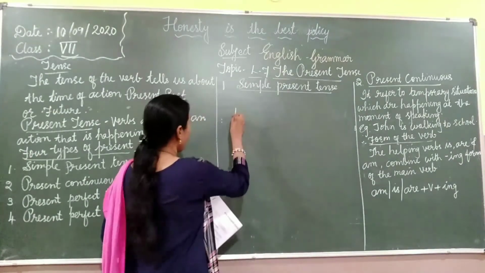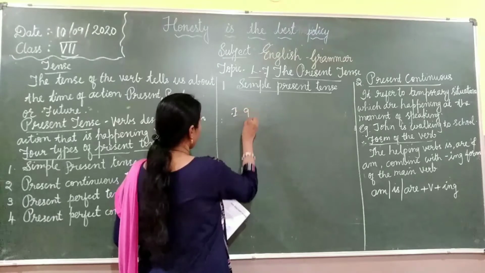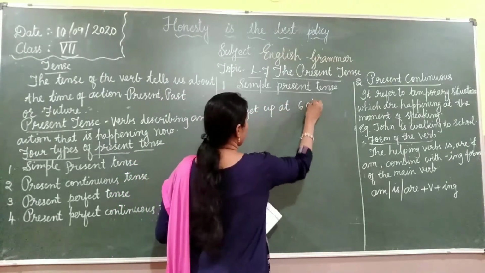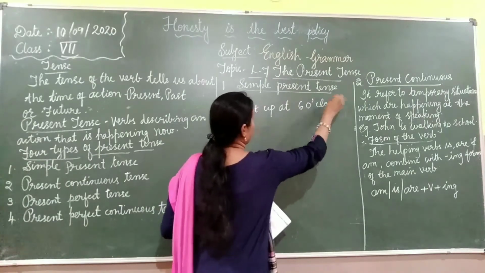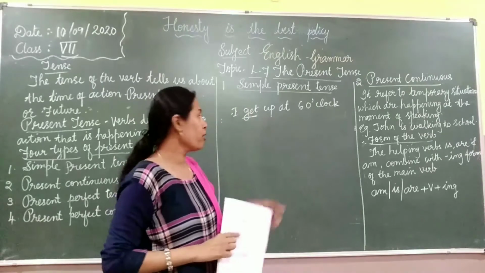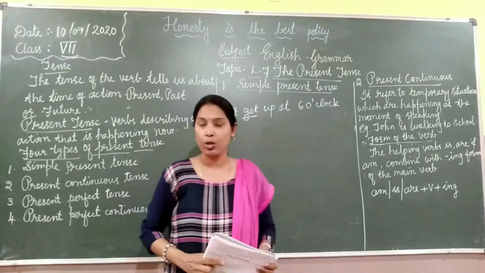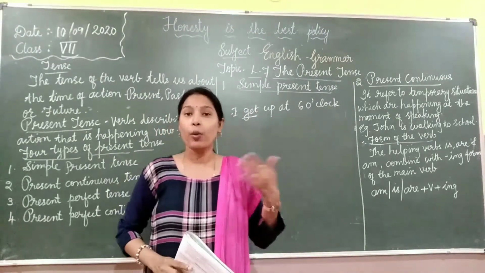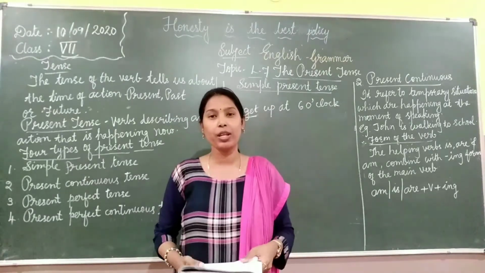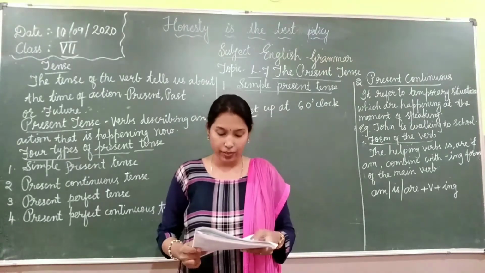For example, I get up at 6 o'clock. I get up, this is the verb, simple present form of verb. I get up at 6 o'clock, regularly every day waking up at 6 o'clock. So that is a regular habit. In that case we can use the simple present form of the verb.